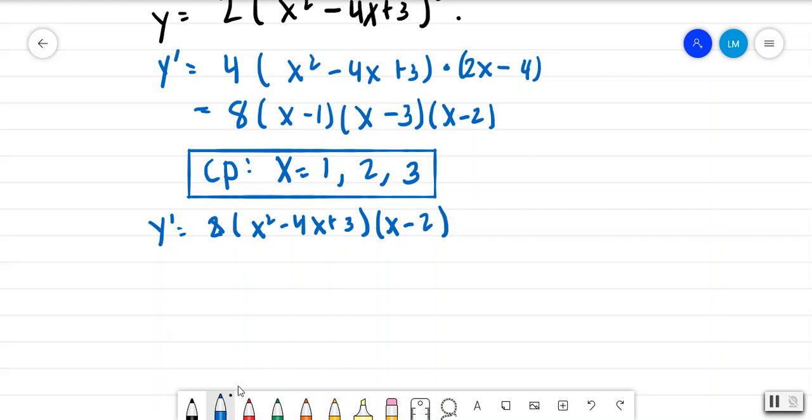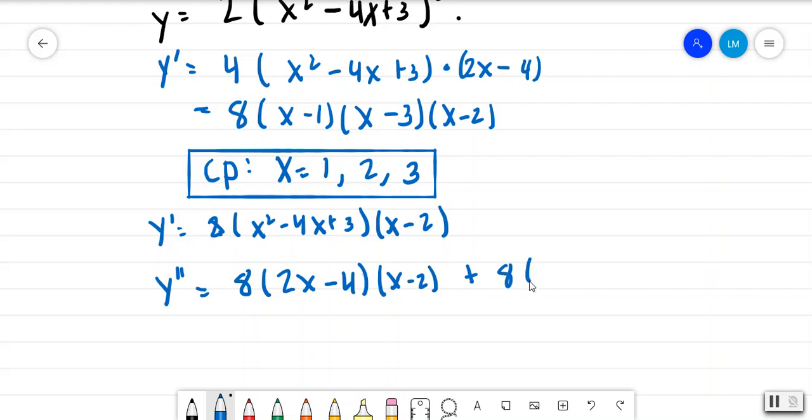That way this will be a little easier. So we have y double prime equals 8 multiplied by (2x minus 4) multiplied by (x minus 2), and then plus 8 multiplied by (x squared minus 4x plus 3).